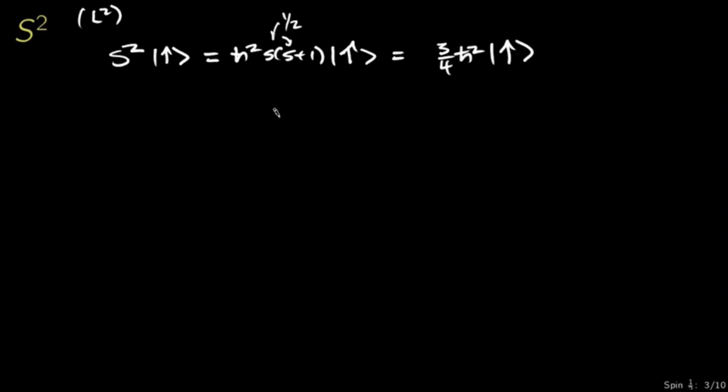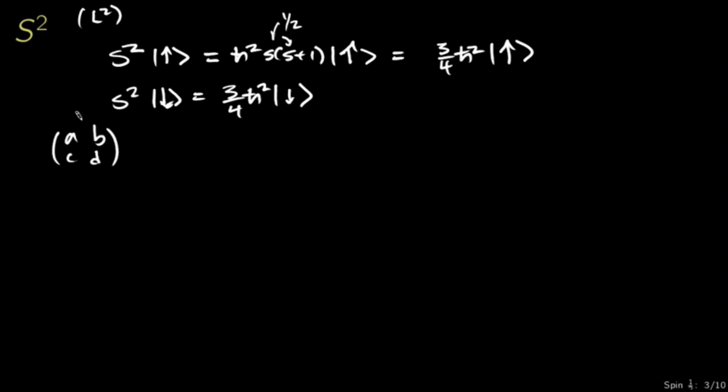We can use this expression, which of course has a counterpart, S squared acting on spin down. The spin down state is also an eigenstate of S squared, with the same eigenvalue, 3/4 ħ². I'm having trouble with my fractions today. 3/4 ħ² times spin down. These two we can write out in matrix notation. Not knowing what the operator S squared looks like, let's just write it as a, b, c, d, four unknown components.